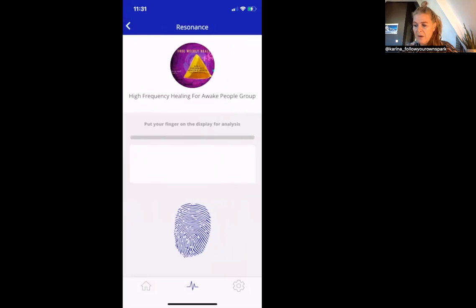And then I put my finger, I never use my dominant finger because it's not me, it's you and us. I'm included in the group, but I'm not the group. So I always use my left finger and I put it as a token of intention on the screen of my phone.